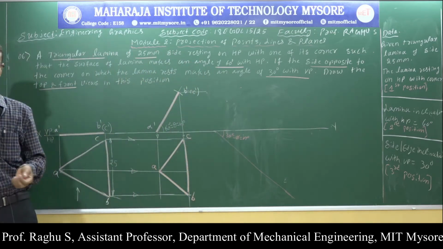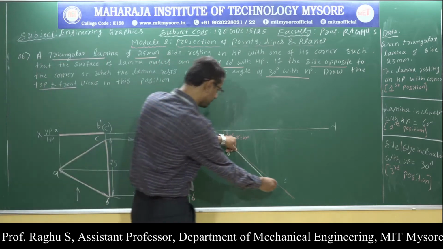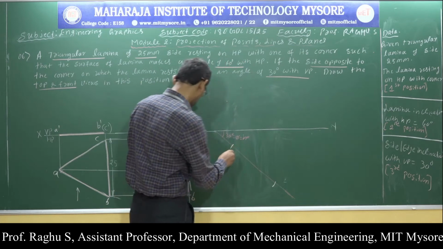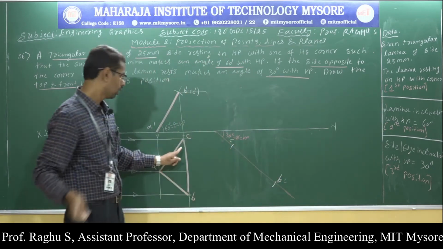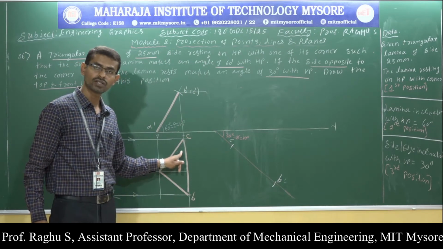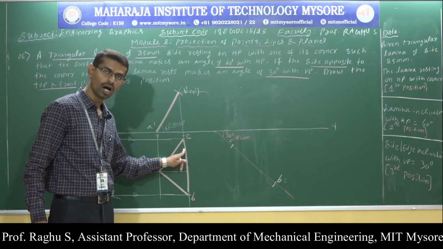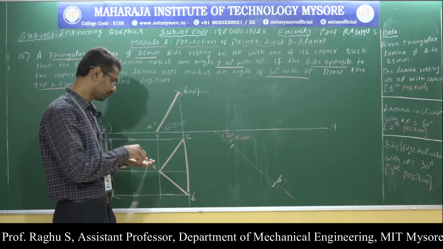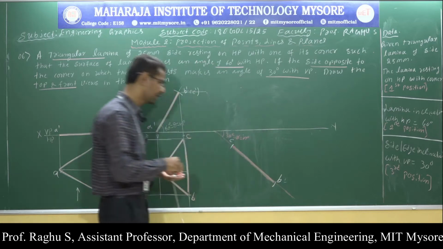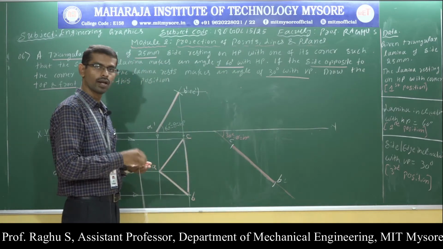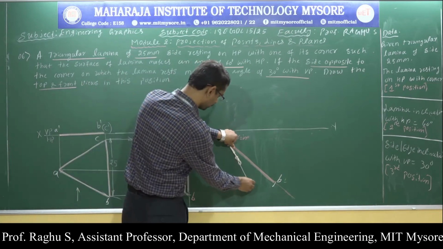Next, redraw the lamina by placing the resting edge, that is, redraw this lamina by placing the side opposite to the resting corner. Make it dark.